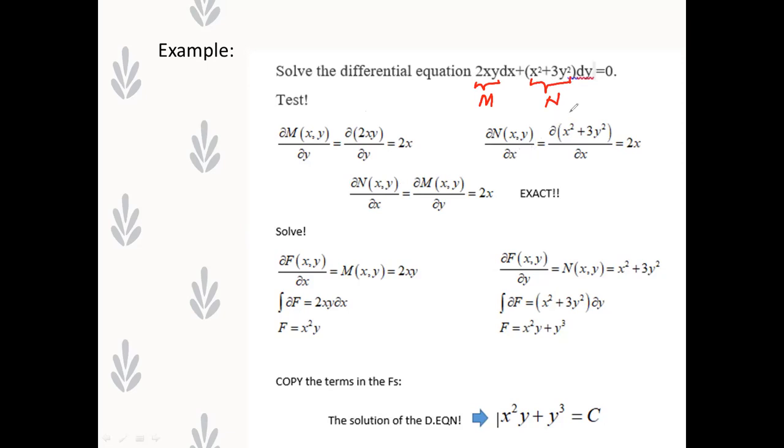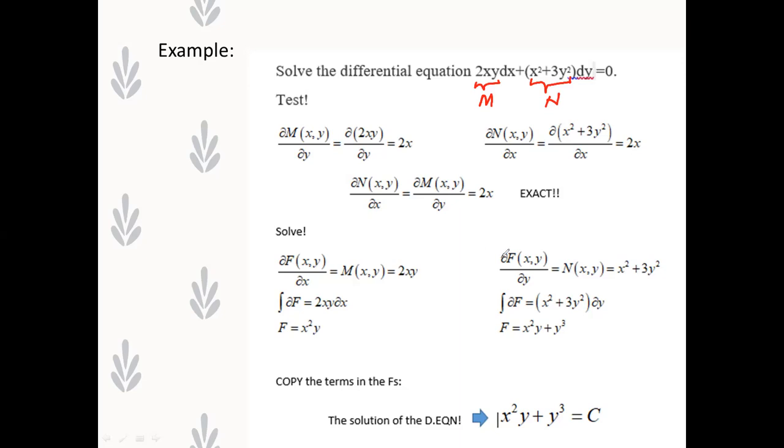Y is a constant, so the derivative of the second term here will automatically be a 0. So x squared will have a derivative of 2x. Now you see the 2 being equal, so we can conclude that our DE is exact. Since it is exact, then in this case, for this particular example, we will use method 1.